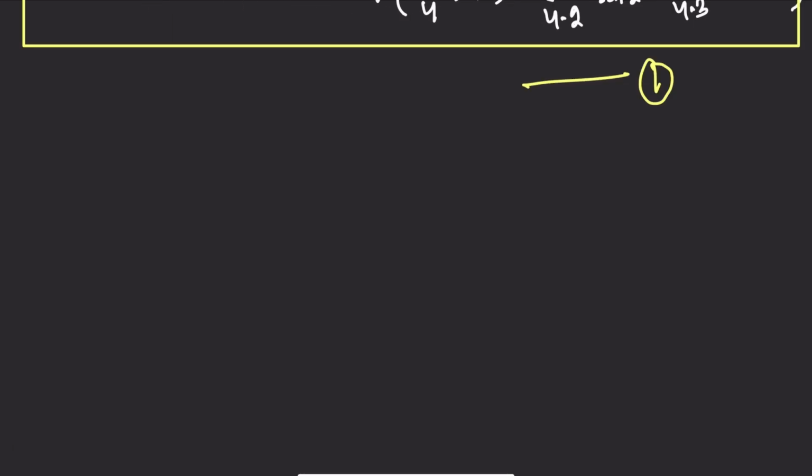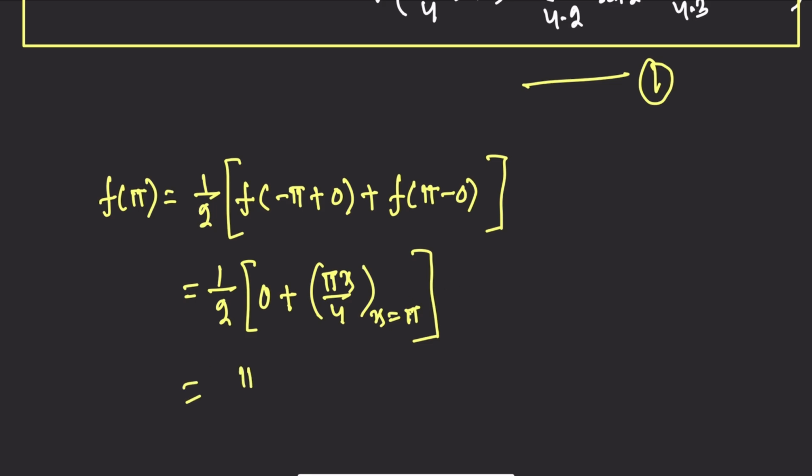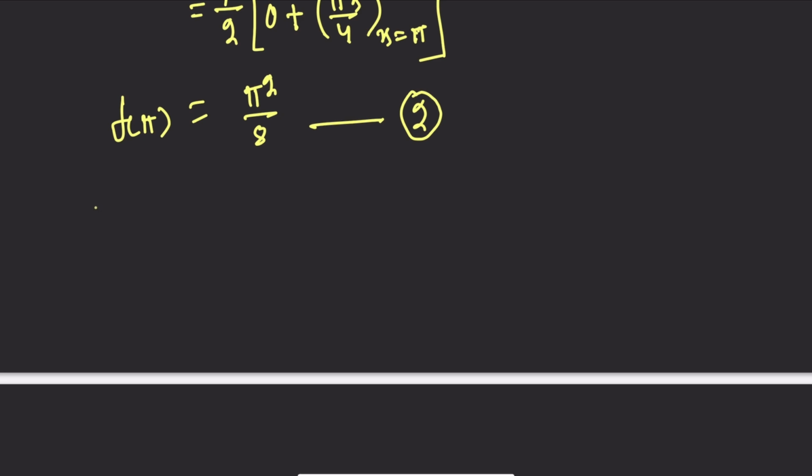Okay, the sum of the series at x equals to pi is... now substitute x by pi in equation 1.